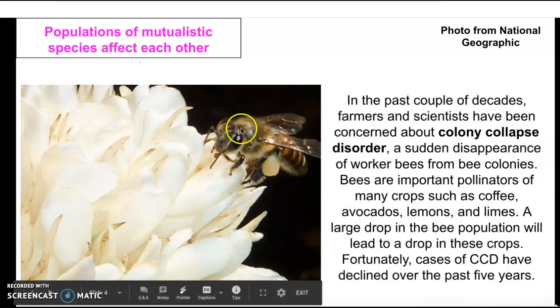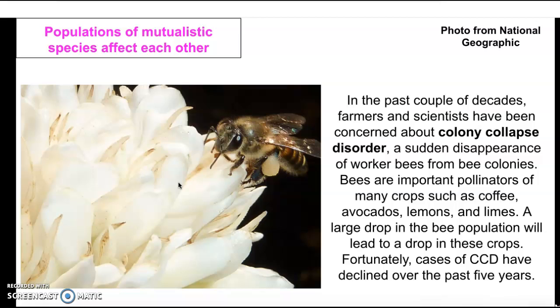So this is a picture of a bee on a coffee plant. Bees get food from the coffee plant, but they also help to transfer the pollen from the coffee plant to other coffee plants so that the coffee can reproduce. So that means if the bee population were to suddenly collapse, then we're going to have less pollination of the coffee plant.